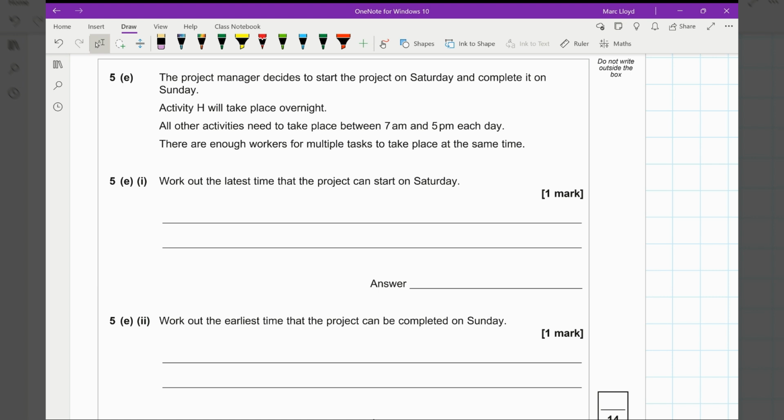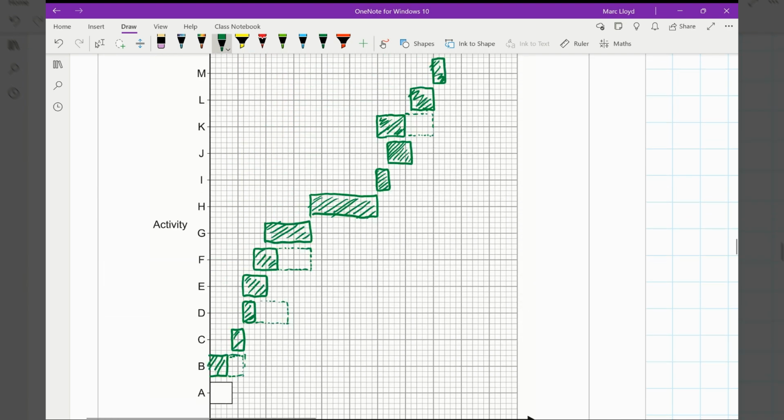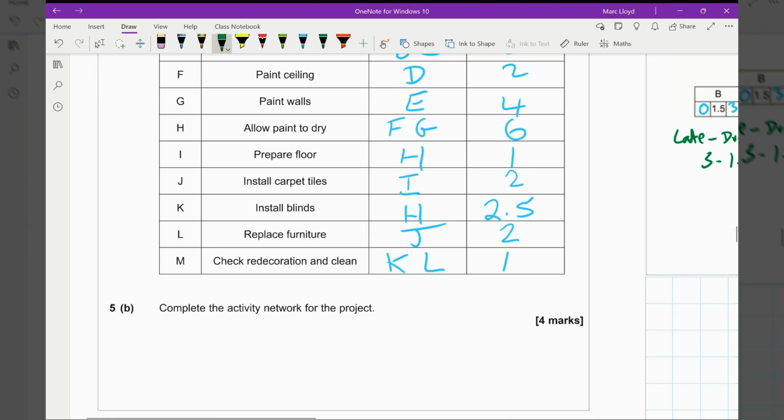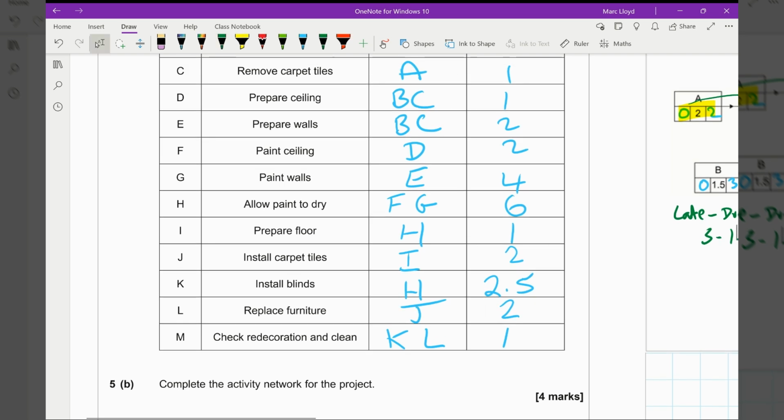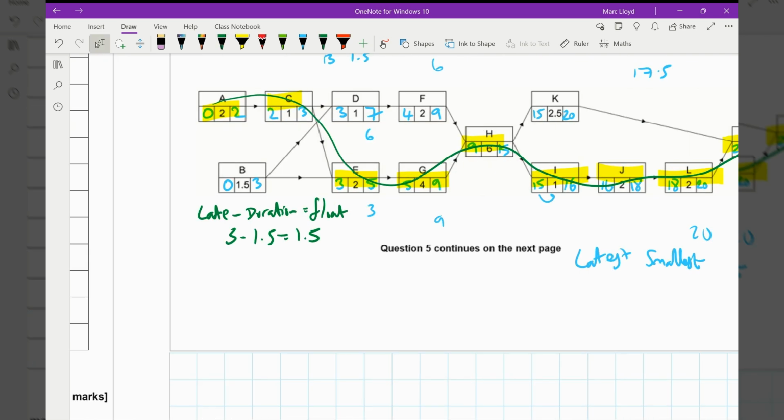So Saturday, we're looking at the A to G completion. That is 9 hours. And from 5 p.m., what am I doing here? Let me just double check this. So A to G, go back up to the top. Go to my chart here. So A to G is 2, 3, 4, 5.